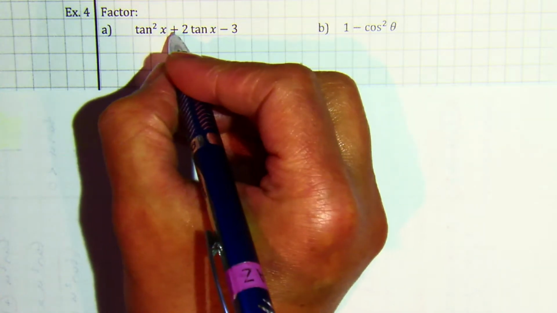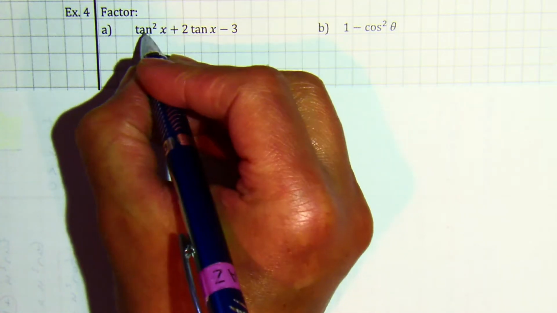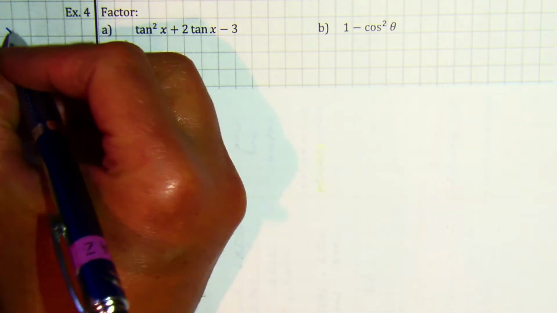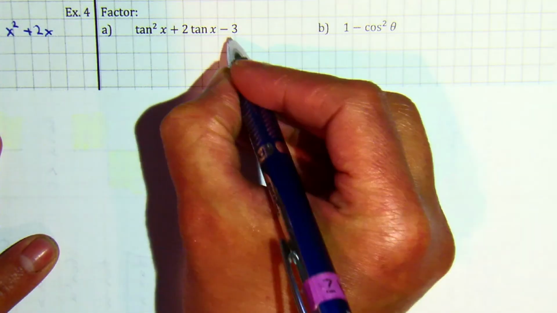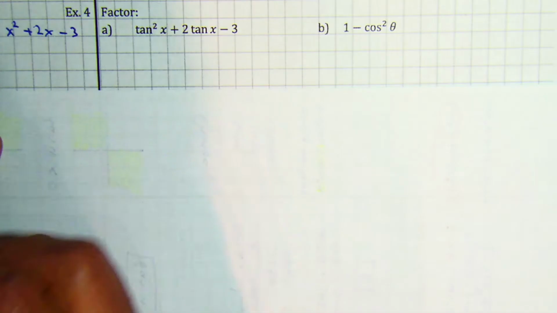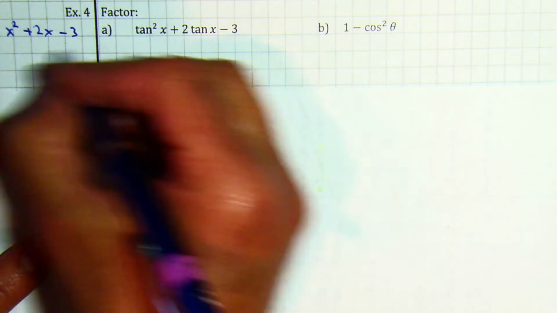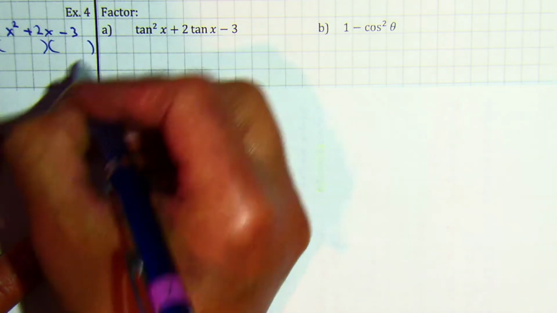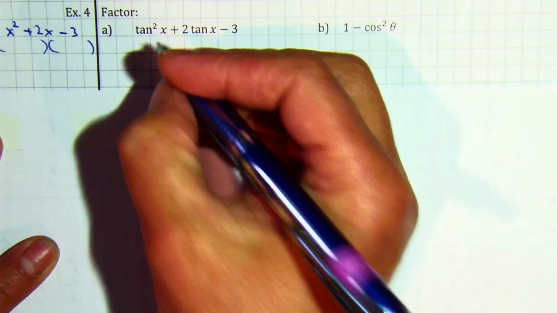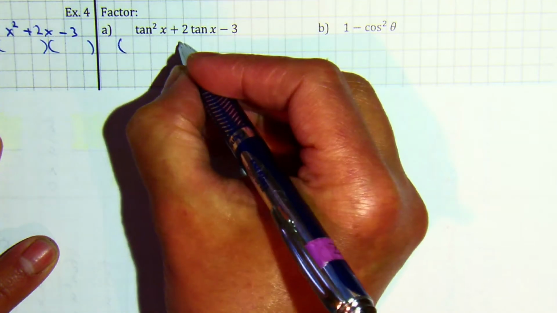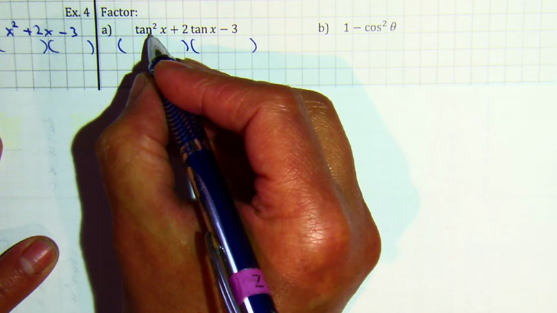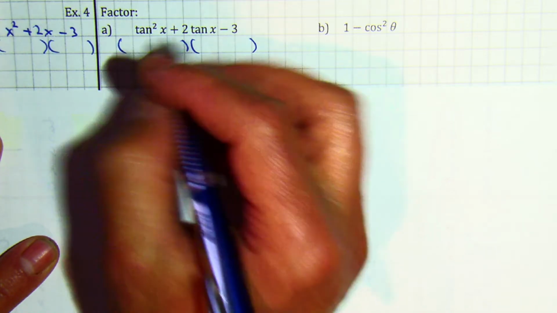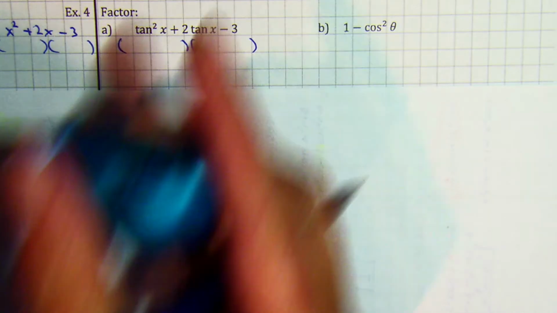You can rewrite it if you want. You can replace the tangent as just x. So we will have x squared plus 2x minus 3. And you can go through a process and factor it out. But I prefer if we actually just factor out from here. What are the factors of tangent squared of x? Let me make a little more space and go next to the line.